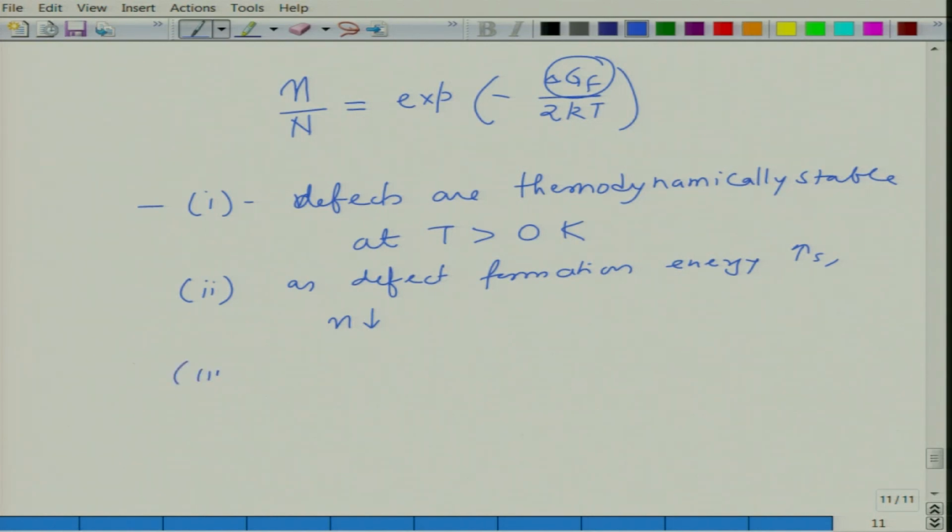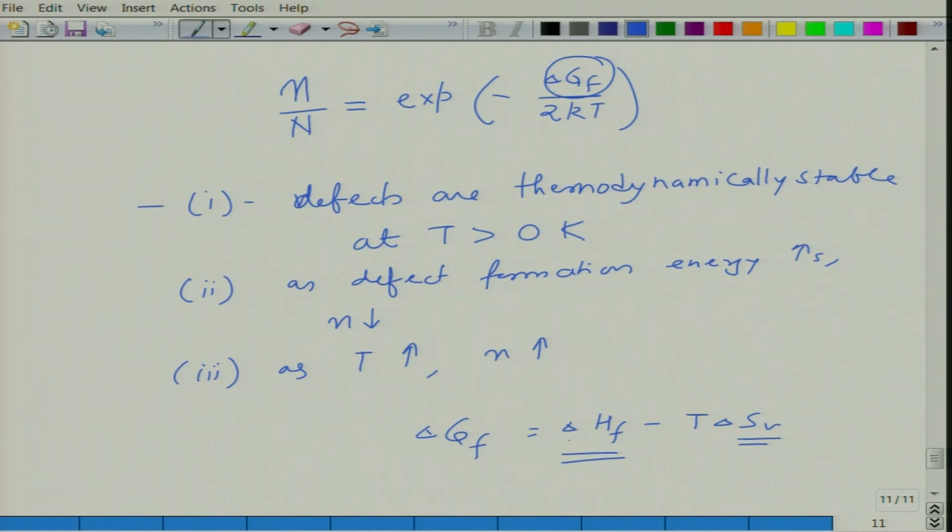And third is, as temperature increases, n increases, and this happens in an exponential manner. You can further simplify this, you can write delta Gf as delta Hf minus T delta Sv, where delta Hf is the enthalpy of formation of defects and delta Sv is the vibrational entropy change.